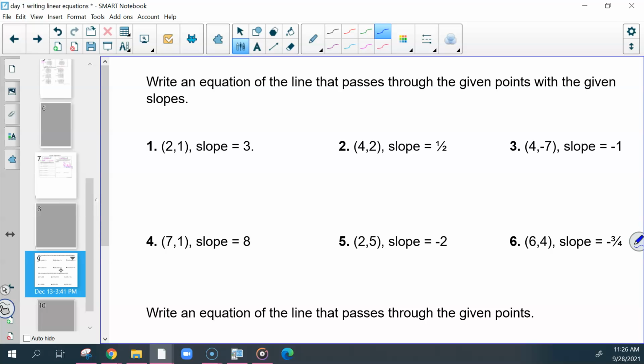Somewhere at the top of this page, I know you have additional space, I don't have that much space. Write in this formula. So y minus y1 equals m, and then in parentheses x minus x1.